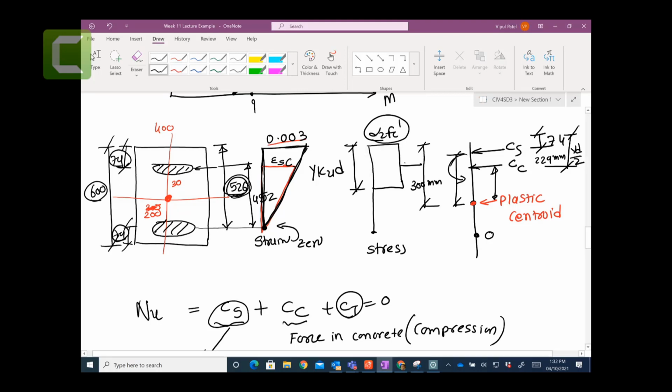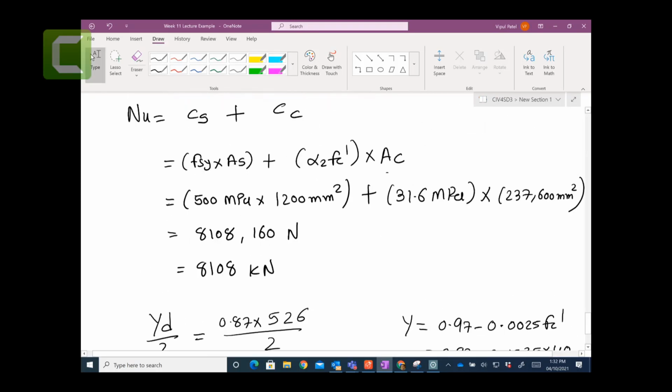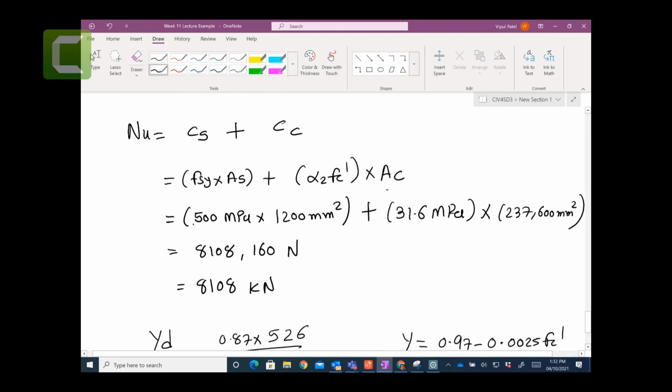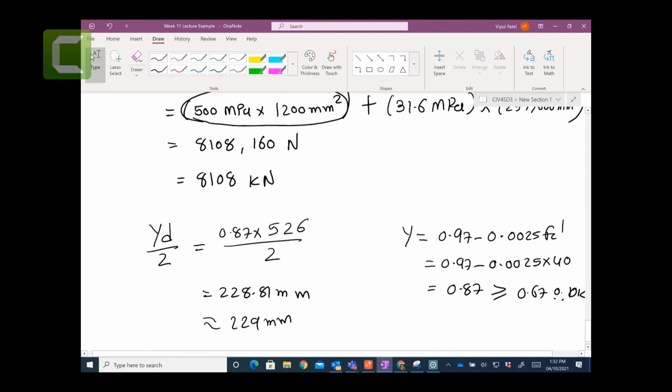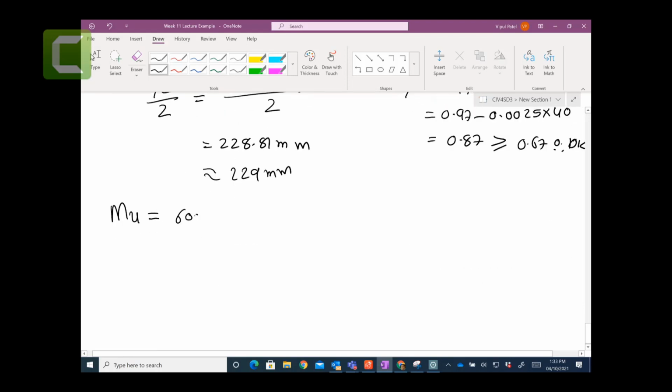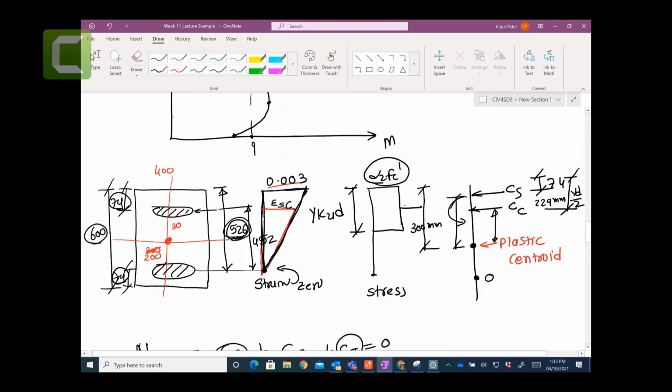So let's give the name MU, moment, MU and NU. So let's say what was the force in the steel. So let's say force in the steel is 500 times 1200. It gives you 600 kilonewtons. That is the force in the steel, that is CS, times this distance.